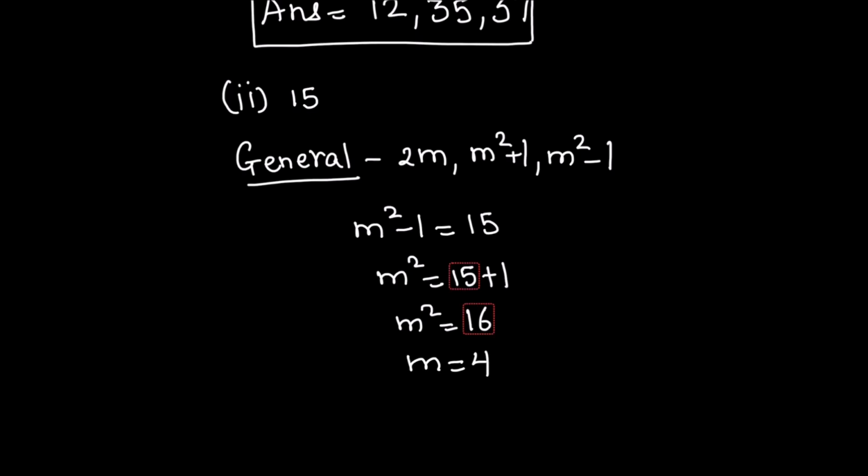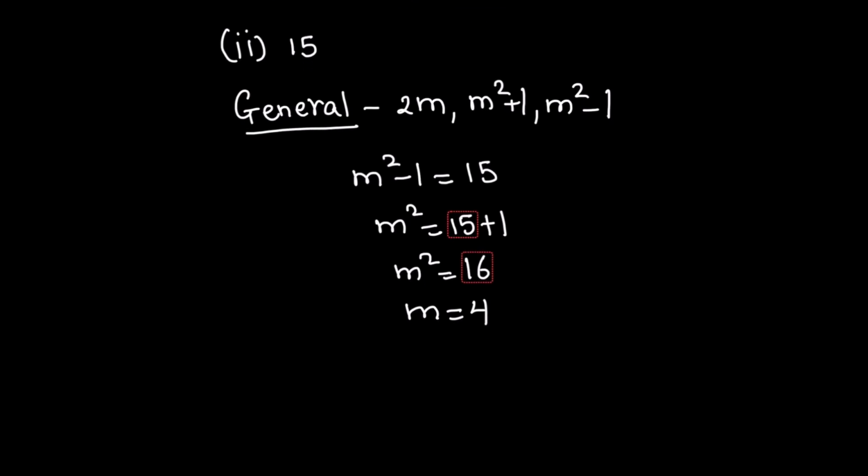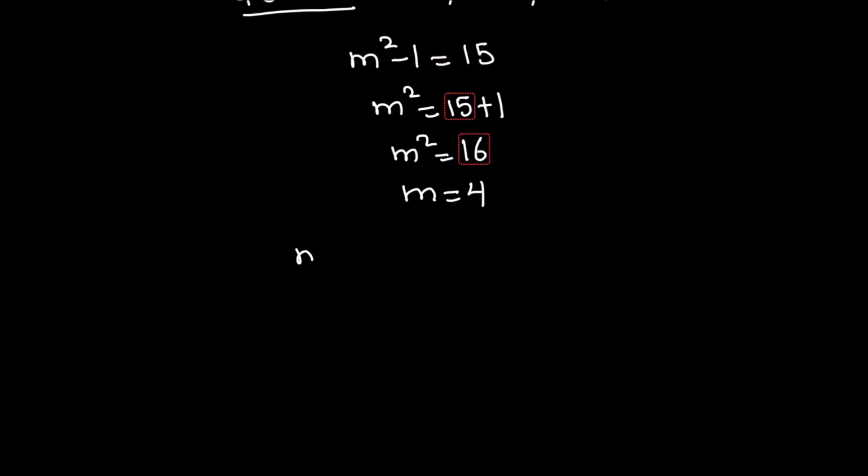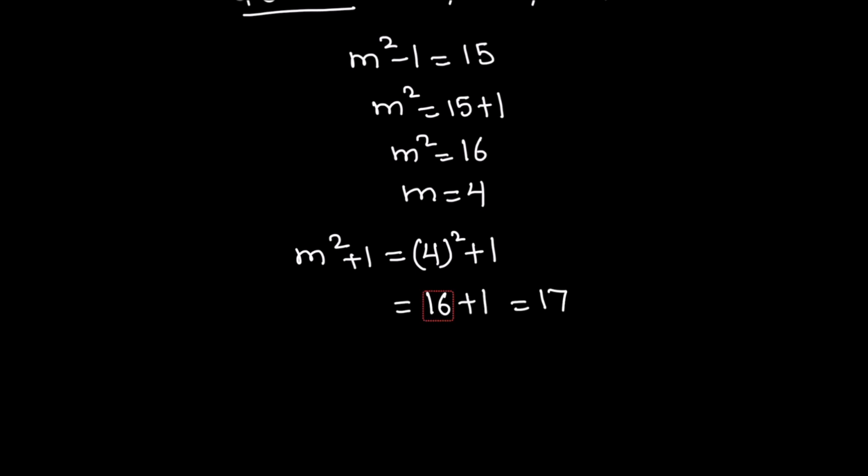So now we can use this value of m to find the other Pythagorean triplets. The other numbers will be m square plus 1, which equals 4 square plus 1 equals 16 plus 1 equals 17.